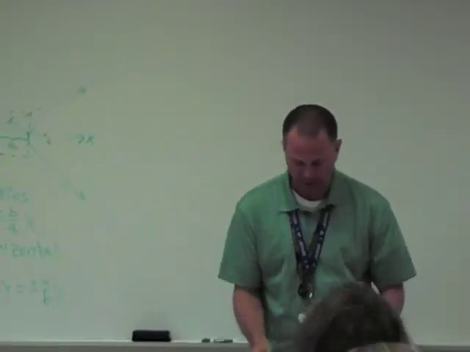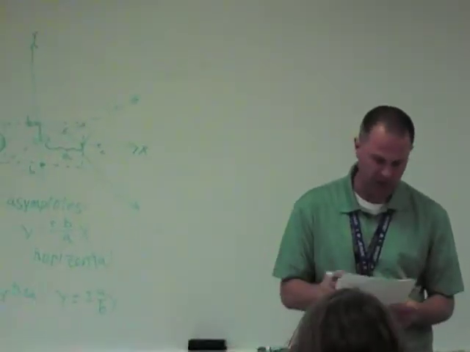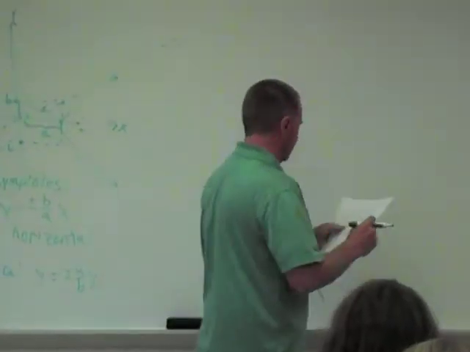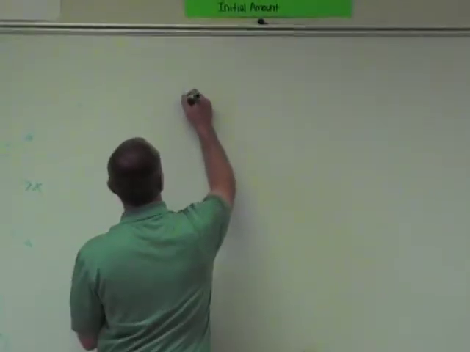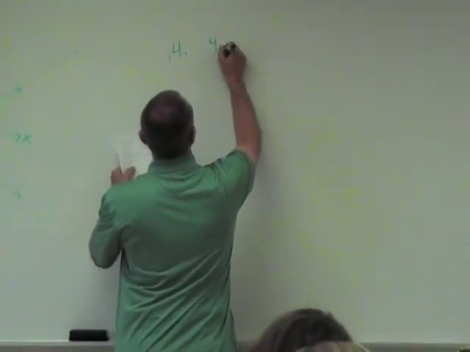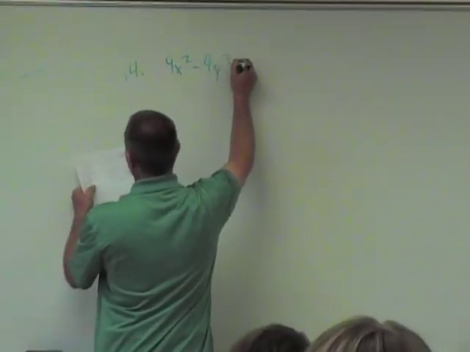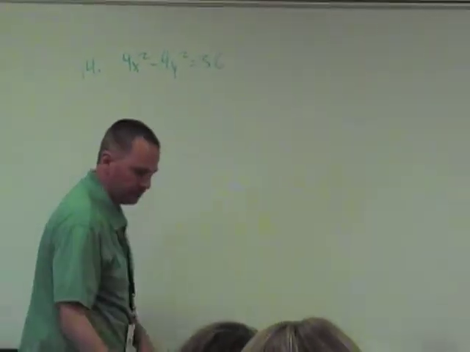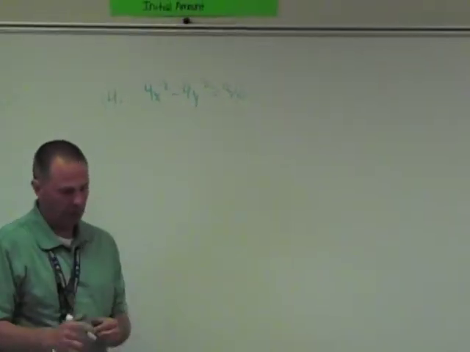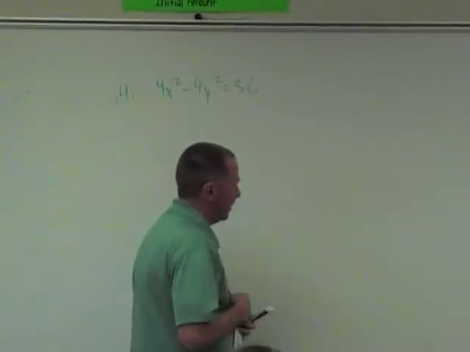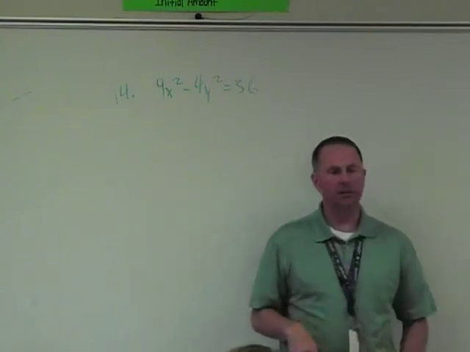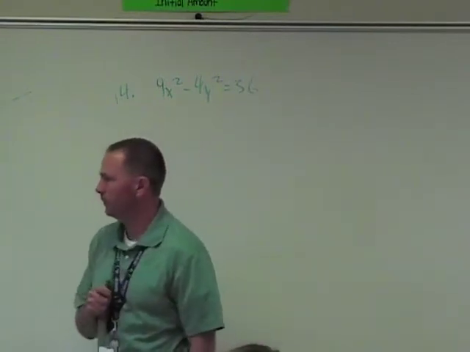I'll just pick a different type of problem here. Let's do number 14: 9x squared minus 4y squared equals 36. So we're going to work through this and get all the things we need. What's the first thing we've got to do?